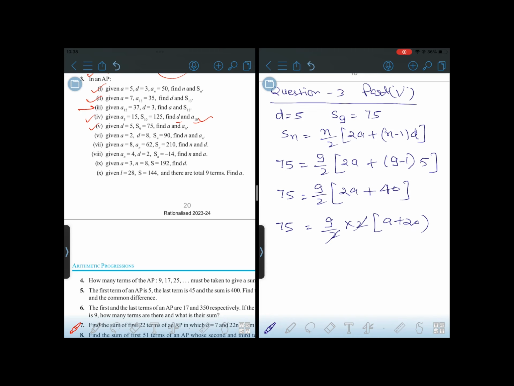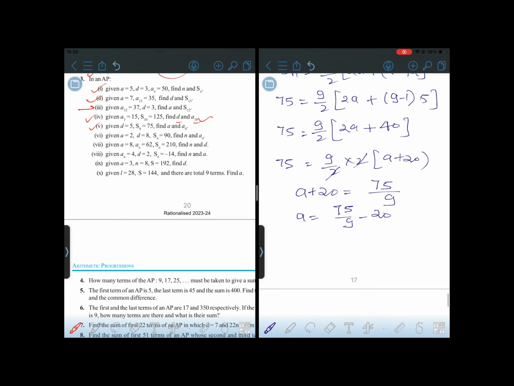Then the value of a plus 20 becomes 75 upon 9. Then a is equal to 75 upon 9 minus 20, right?